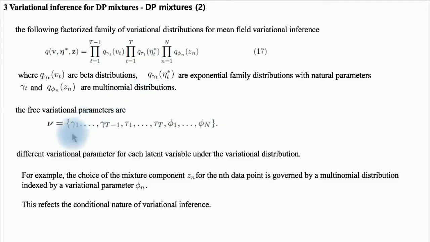It is important to note that there is a different variational parameter for each latent variable under the variational distribution. For example, the choice of the mixture component Z_n for a data point is governed by a multinomial distribution indexed by variational parameter phi n. These reflect the conditional nature of the variational inference.